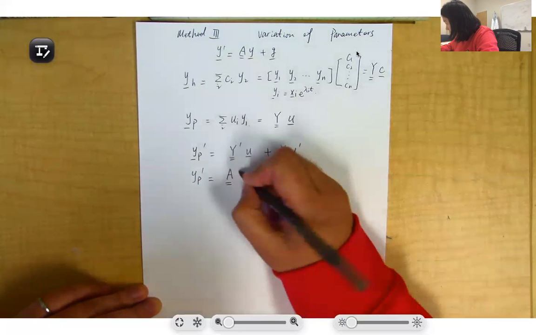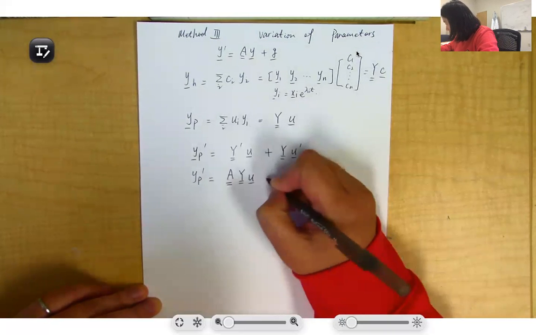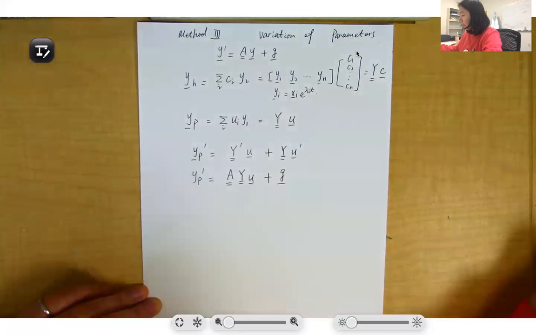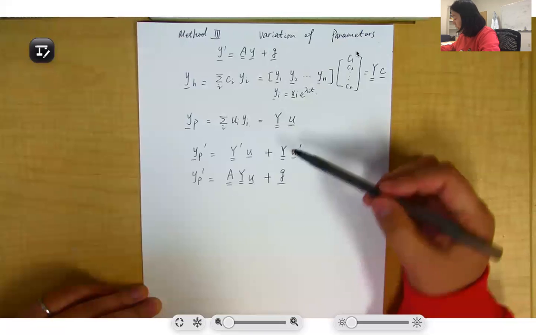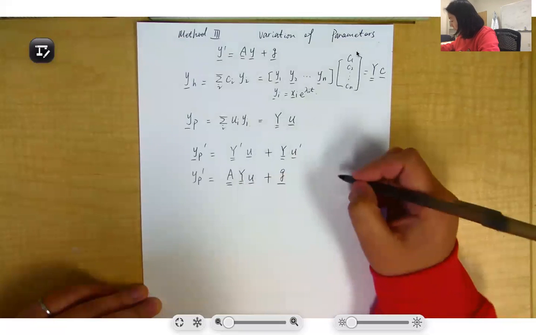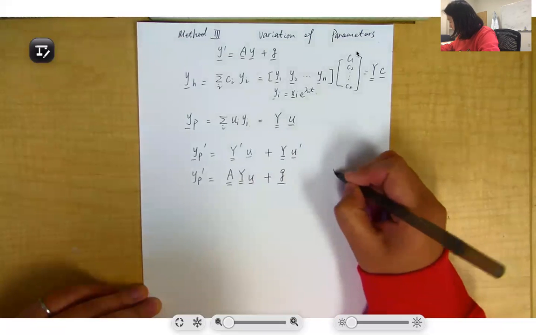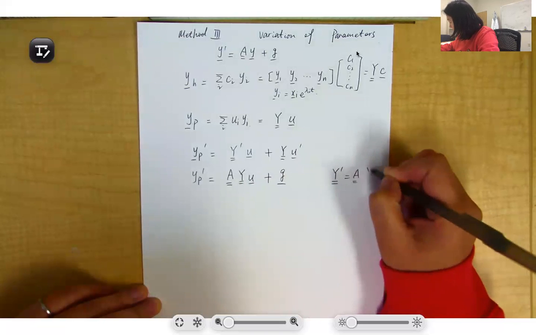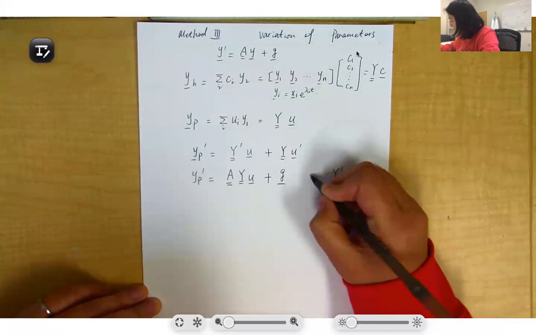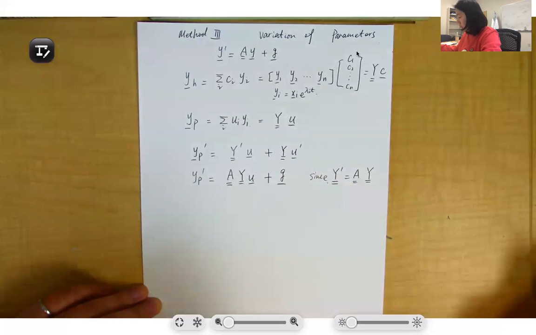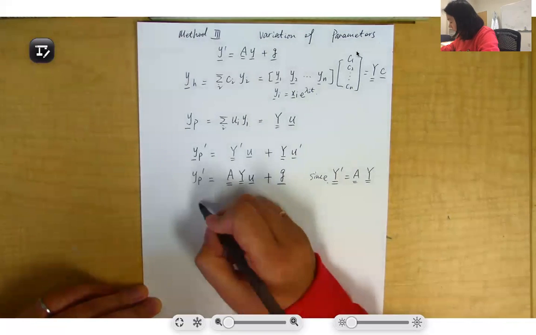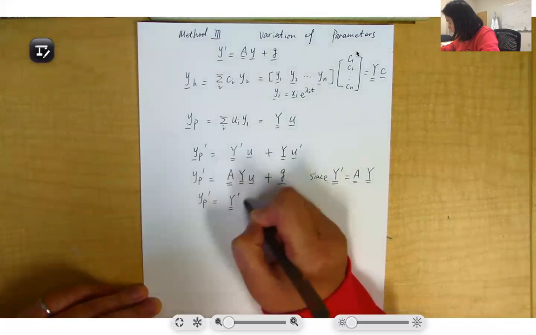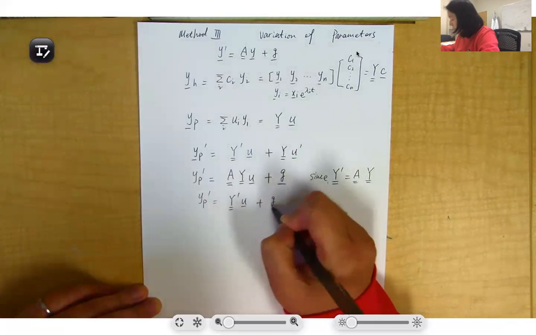So A Y u plus g. Then since y prime equals AY, you can get yp prime equals y prime u plus g.